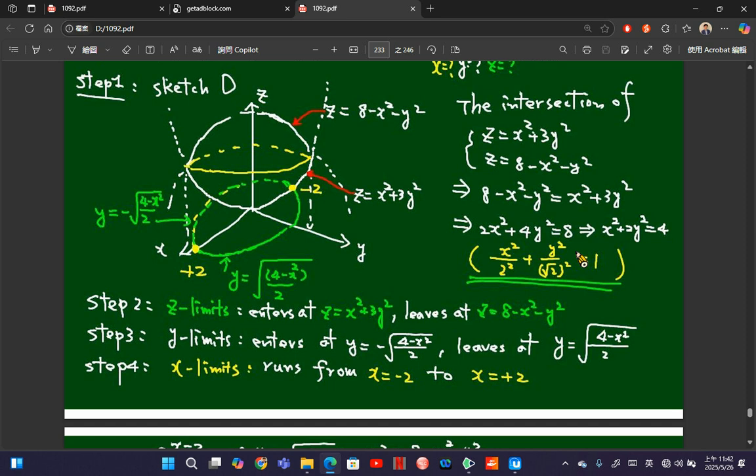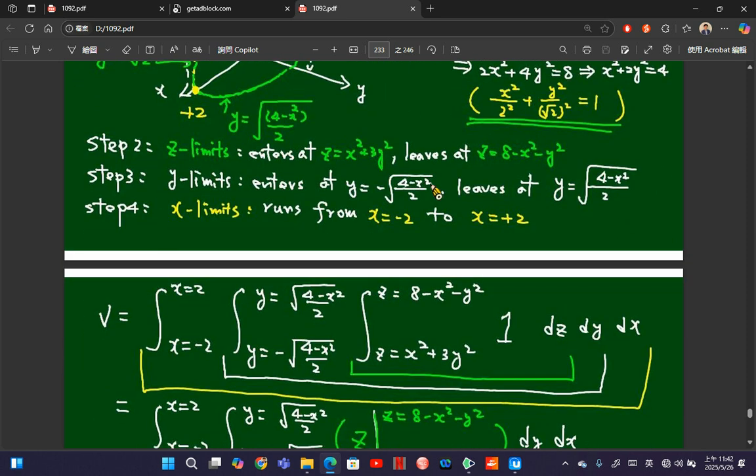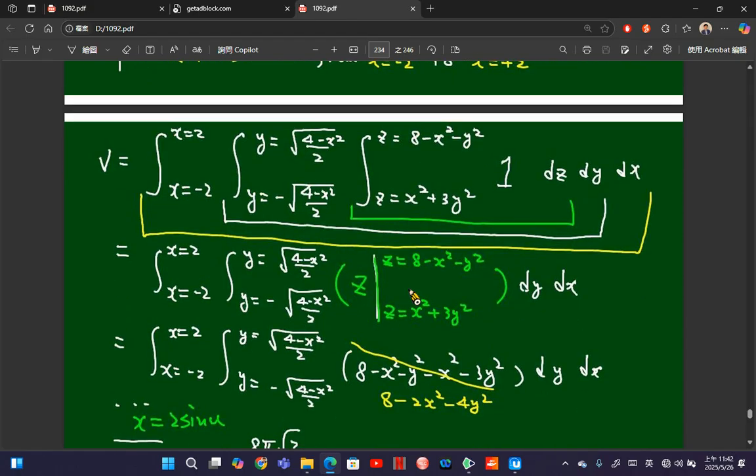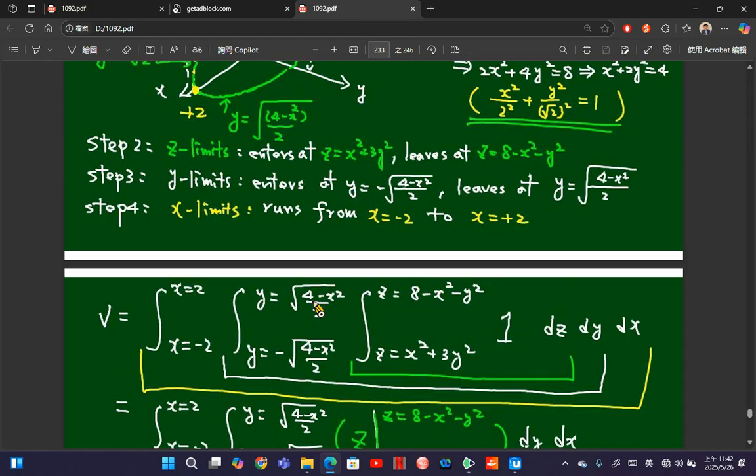When we project the intersection of these two surfaces, we get an ellipse. For the ellipse, you can divide it into two parts, an upper part and a lower part. The lower part is the enter point, and the upper part is the leaving point. So you can construct the y limits for this whole integration.